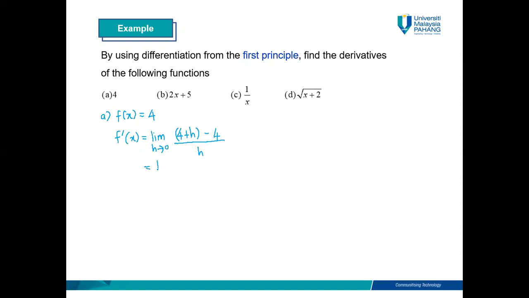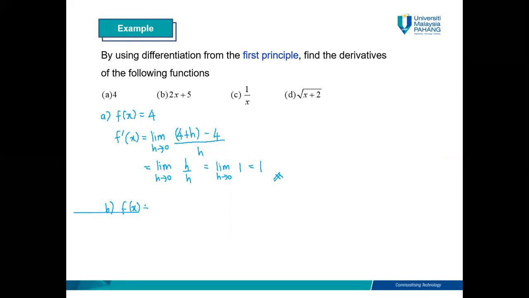So it becomes limit of 4 minus 4 habis, yang tinggal h over h when h approaches 0. So equal to limit of h over h, jadi apa? Kan 0 ya, jadi 1. So limit of 1 when h approaches 0 akan jadi equal to 1.